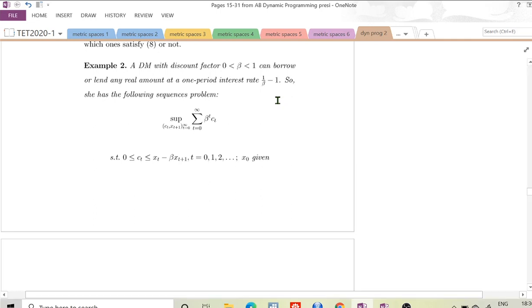If you've read this, it ought to be clear, right? So what is the sequence problem here? The sequence problem is you maximize the summation of beta to the t ct. So the u of ct is now just ct, that is, the decision maker is risk neutral.